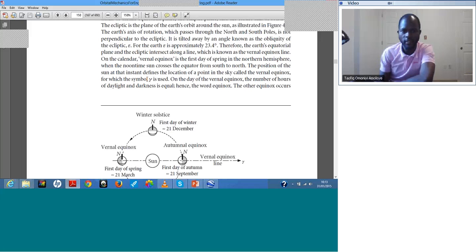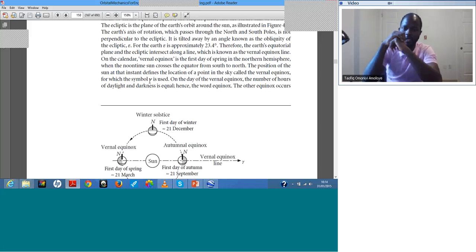So the vernal equinox is symbolized by the Greek letter gamma. Because the sun, on the first day of spring, when the ecliptic plane and the equatorial plane coincide at noon, is just crossing the equatorial plane, that position is the vernal equinox line, symbolized by the Greek letter gamma.